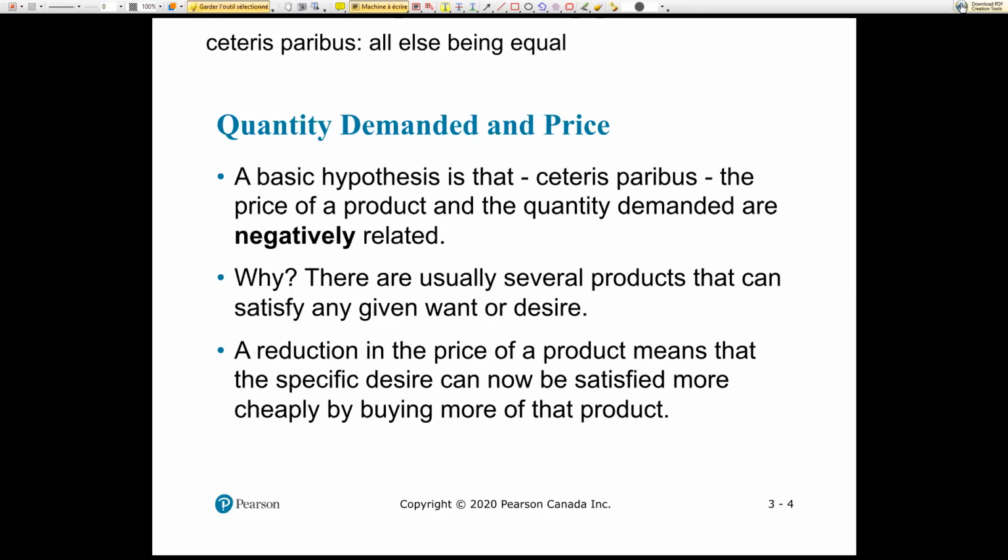Maybe people didn't buy their chicken because it's too expensive, or maybe they didn't want to go outside because there was a war. I'm just making stuff up. But basically what we're saying is we want to describe the link between one variable and the other. So you have to say that all the other factors that could influence the thing that you care about, here the quantity that people demand, we're going to see remain the same.